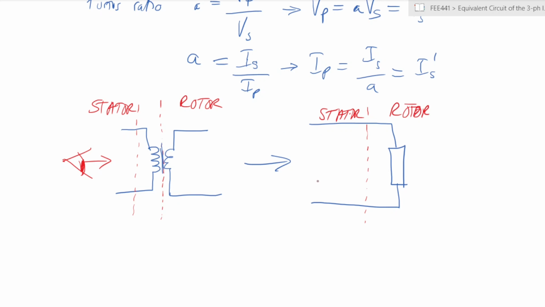All you're seeing is you have your current, whatever it is. We had said it was I2, or you can call it IS, and you have a voltage. We had called it E1, yeah, and that is being seen to be supplying some impedance Z, which is from the rotor side, okay?